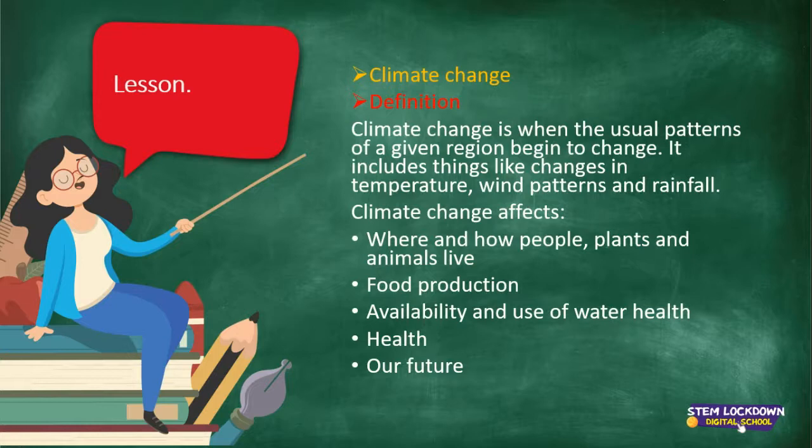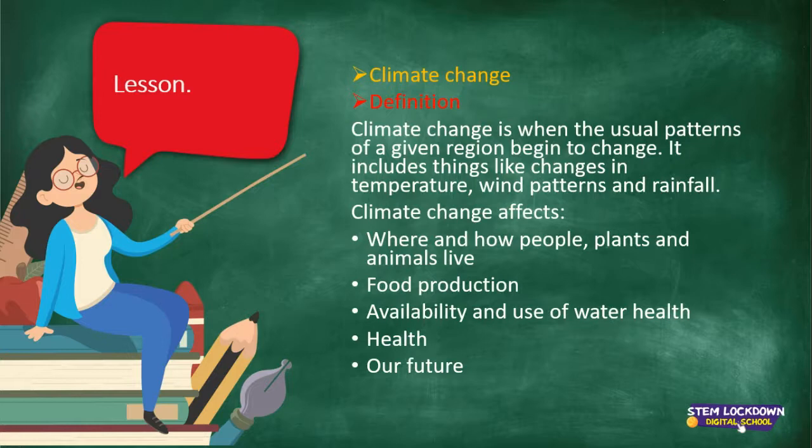So climate change has effects in different areas. The following bullet points are the changes that climate change has on where and how people live, plants and animals. That is the first bullet point: climate change affects where and how people, plants and animals live.